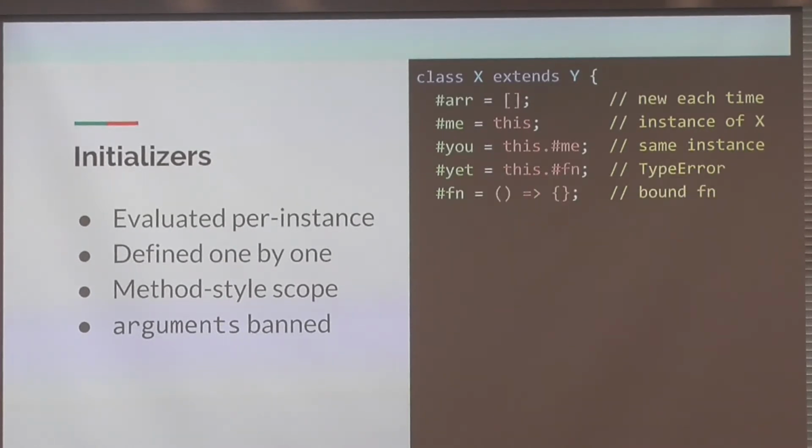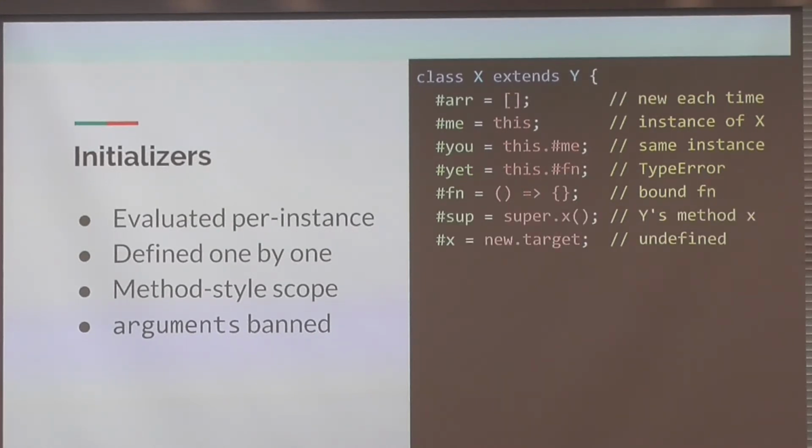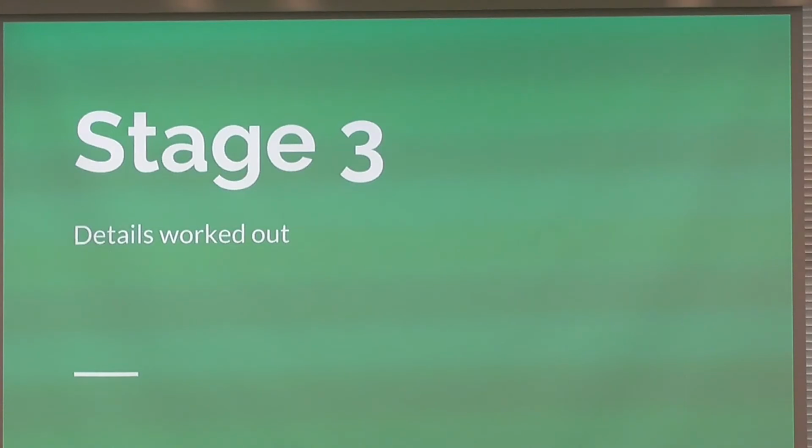But if you try to access a field that's defined later, it doesn't work. If you use an arrow function, this is bound with respect to that arrow function, and you can even do super method calls and call new target. I'm going to skip the rest of this slide due to time limitations.